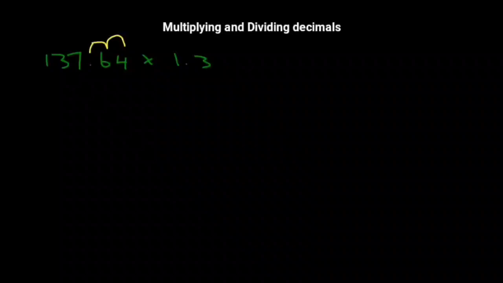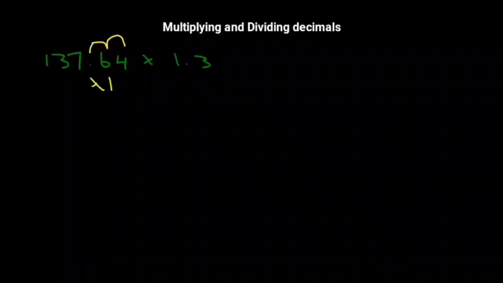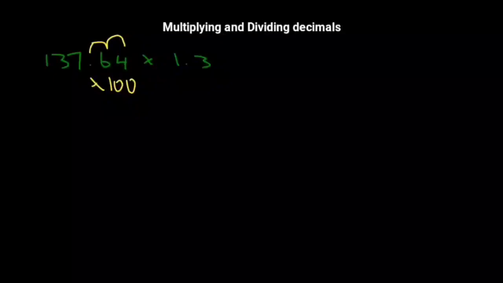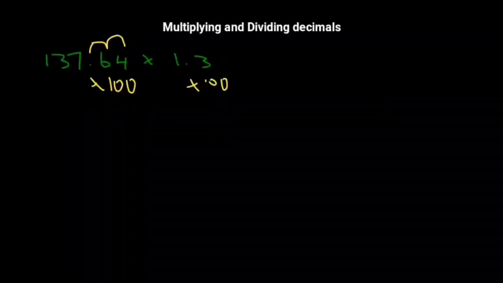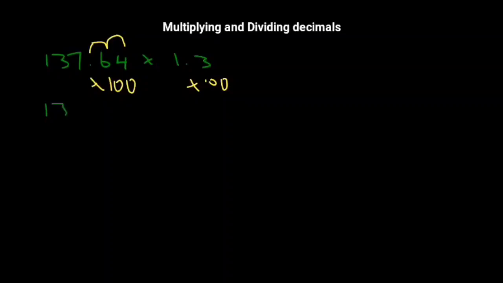So we're going to have 137.64 multiplied by 100, and since we multiplied that by 100, we would need to multiply our 1.3 by 100 as well. So multiplying that out, we'll have 13764 multiplied by 130.